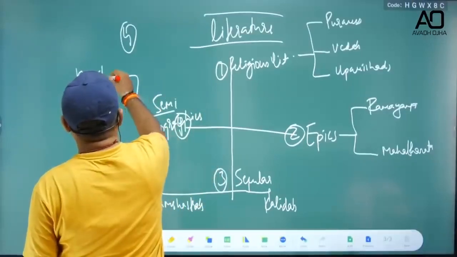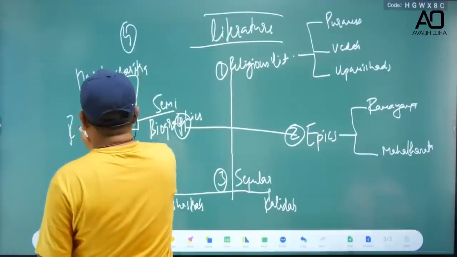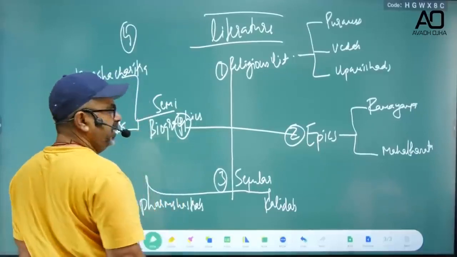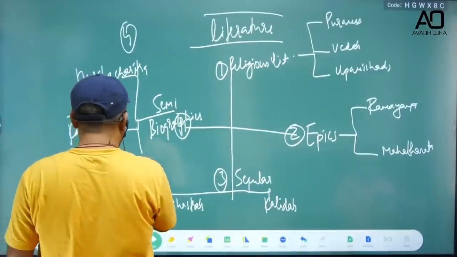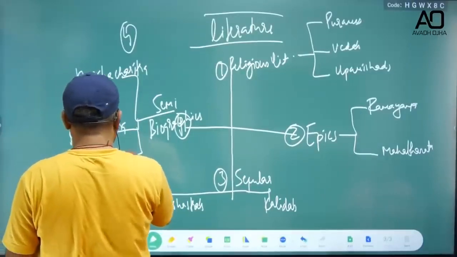Harsh Charitra. Then you have Ram Charitra about the Pal king Rampal. Then you have Raj Tarangani, a very important book.